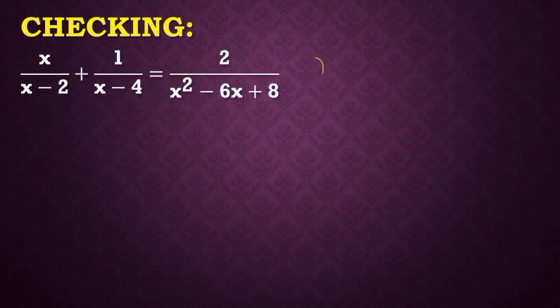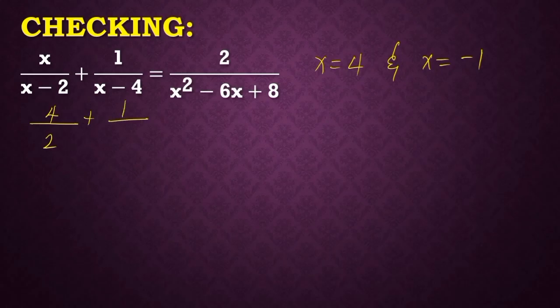So, x equals 4 and x equals negative 1. So, 4 muna. 4 over 4 minus 2, that is 2, plus 1 over 4 minus 4, that is 0.